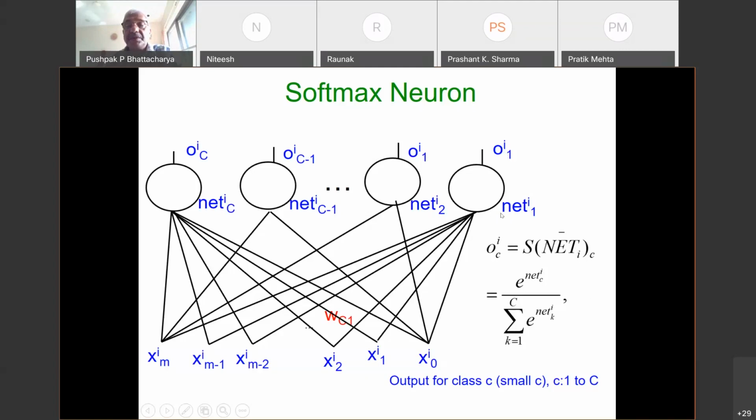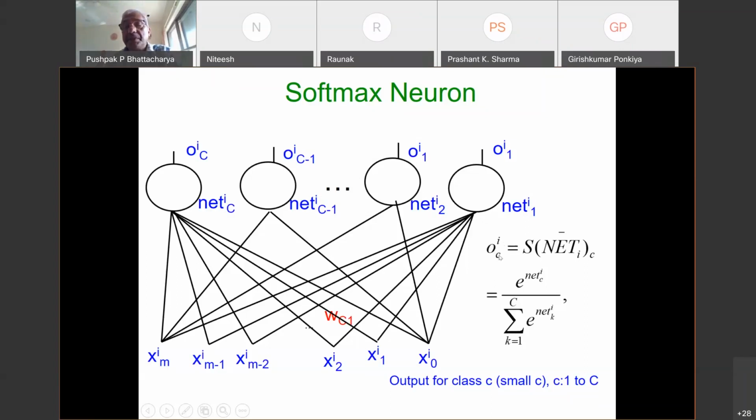So each neuron is receiving a net value which is equal to the weighted sum of the inputs. So net i1, net i2 up to net iC is an input vector which gets converted by softmax into the output vector Oi.